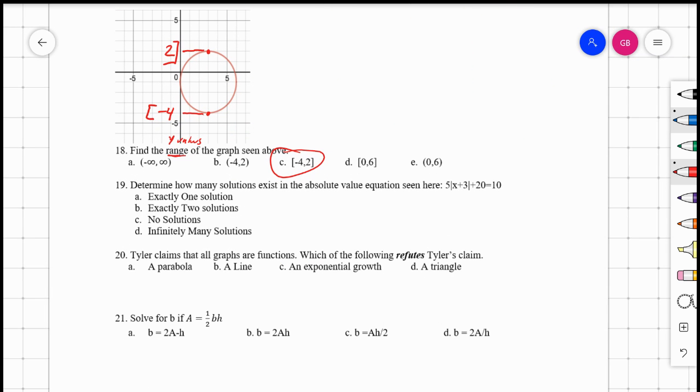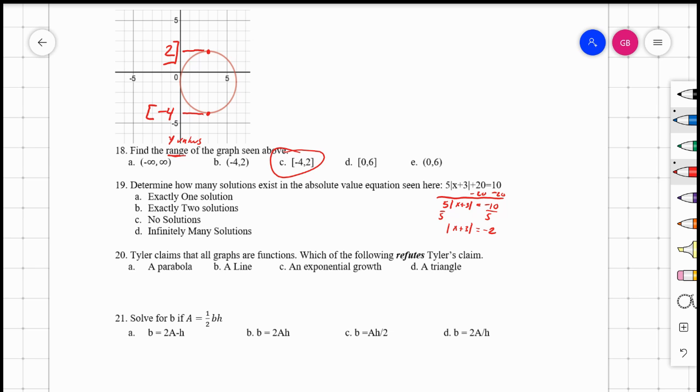19, determine how many solutions exist in the absolute value equation seen here. Okay, well, let's start solving it to see how many it has. So if I subtract 20 on both sides, and then I divide by 5, now we have the absolute value of x plus 3 is equal to -2.